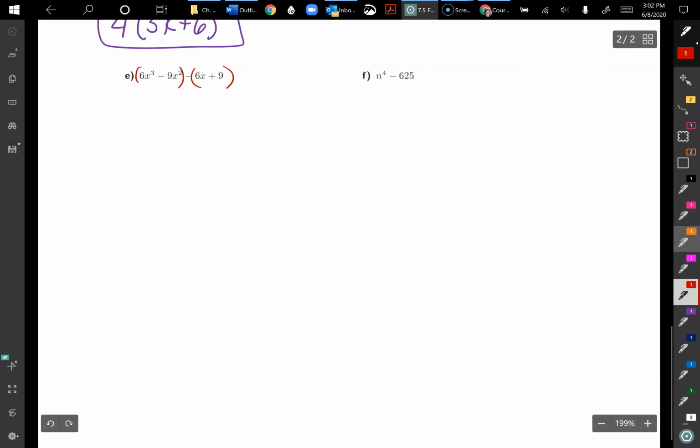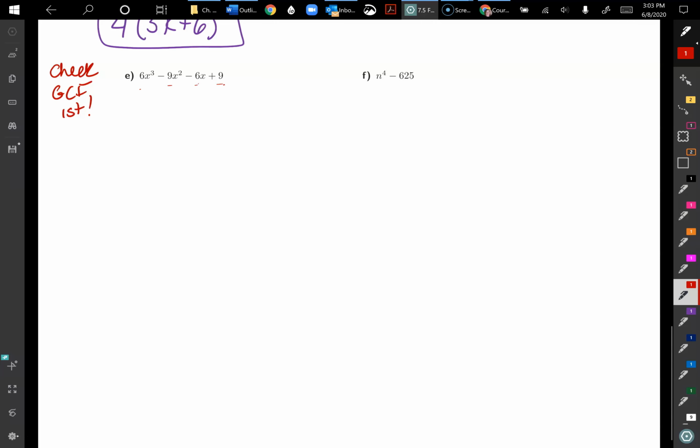Designate them. So I am going to see what's common. Actually, before I do that, if you notice, there is something common to all of them. So again, check for your GCF first. I think that'll be a lot easier to work with after that.